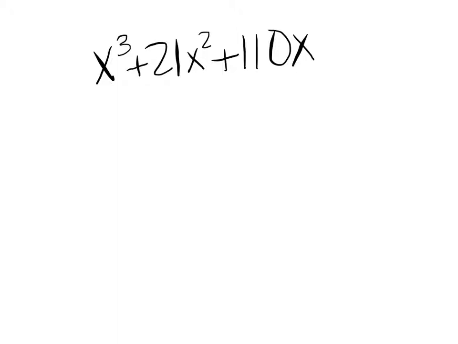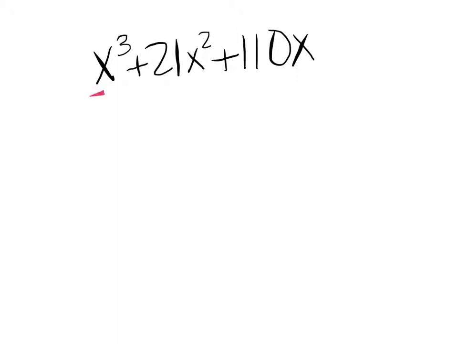One of my favorite things to do in the whole wide world is factor. And so I have to throw one last example out at you guys because I just can't stop, and this is going to be my last factoring video. So we need to look at our special cases. Think about our special cases we've talked about today. GCF is the first one. I'm going to look for a GCF. x cubed, x squared, x.